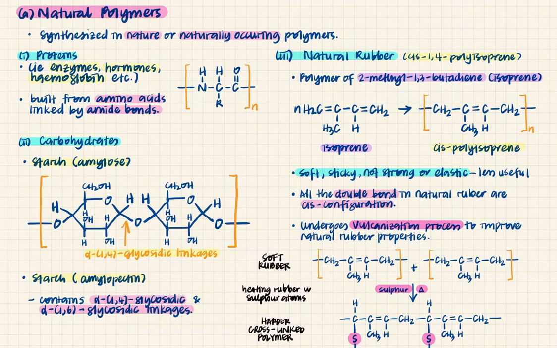Okay, so a few examples of natural polymers are proteins, carbohydrates, and natural rubber. Okay, ada 3. So these are the examples.